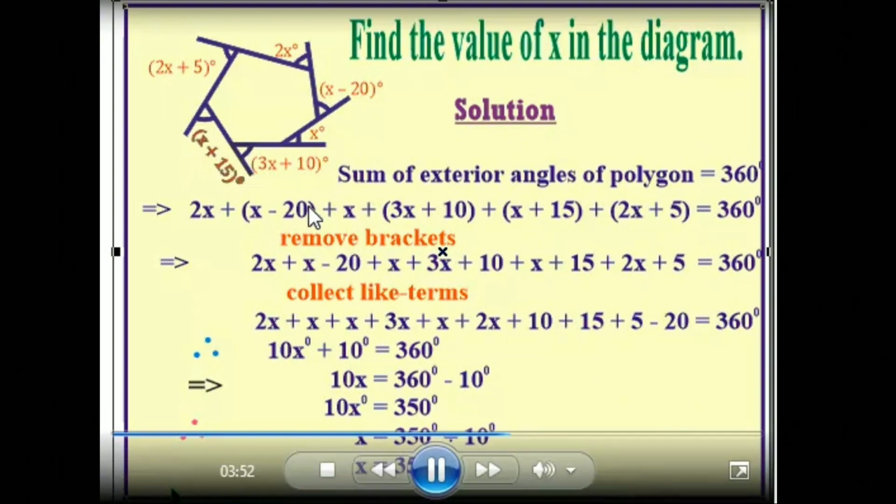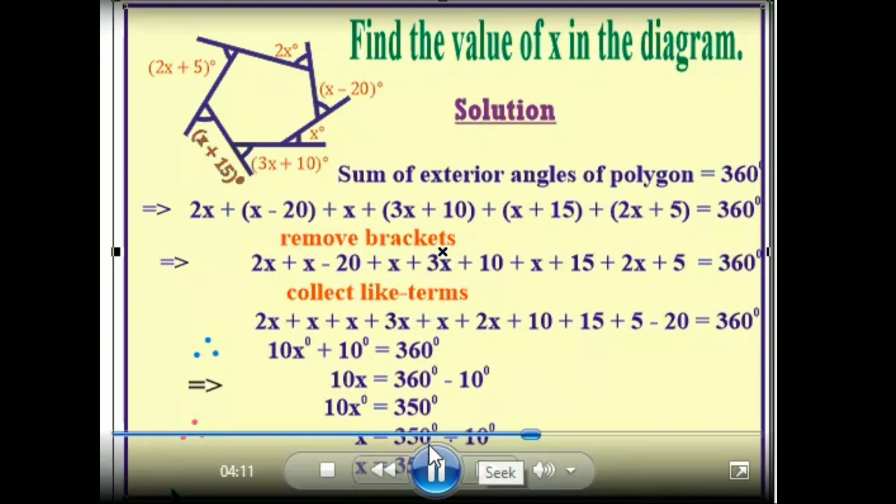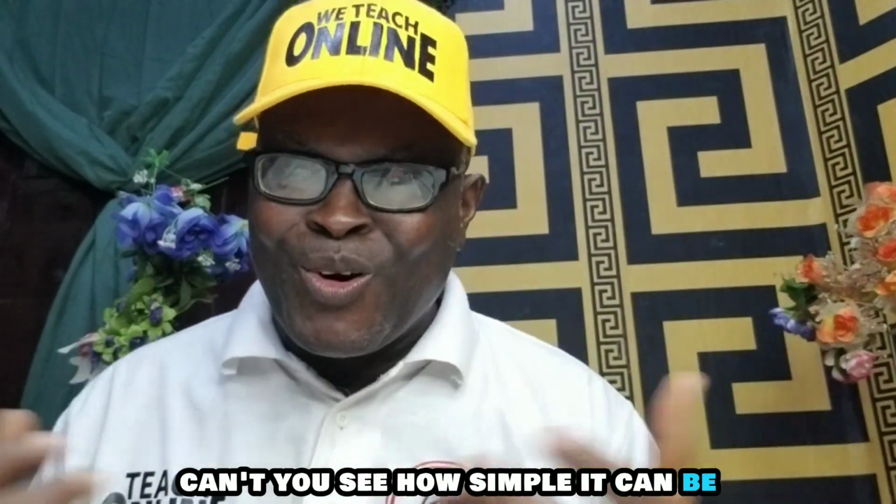Therefore, total all the exterior angles, as you can see on the screen, and equate everything to 360 degrees. You will collect like terms, add up, and you will have x equal to 350 degrees divided by 10. And you have your value of x as 35 degrees. Can't you see how simple it can be?